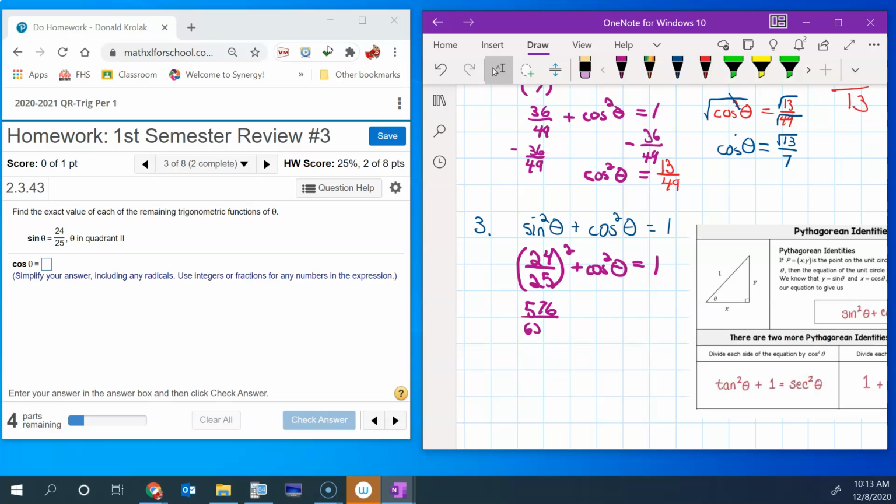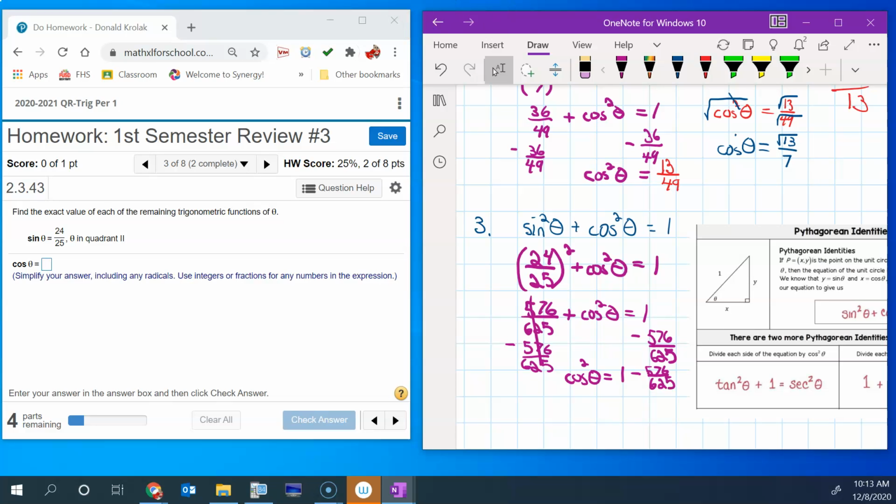And 25 times 25. And then subtract this fraction from both sides. And here I have 1 minus 576 over 625.